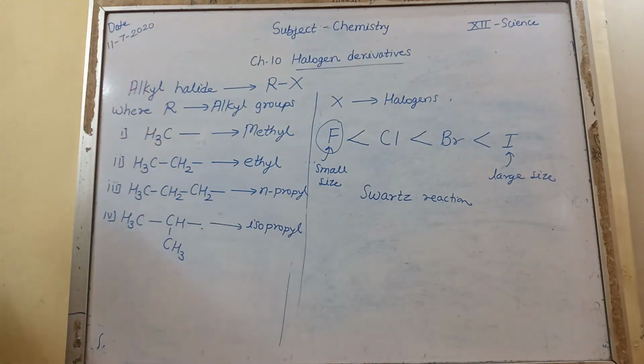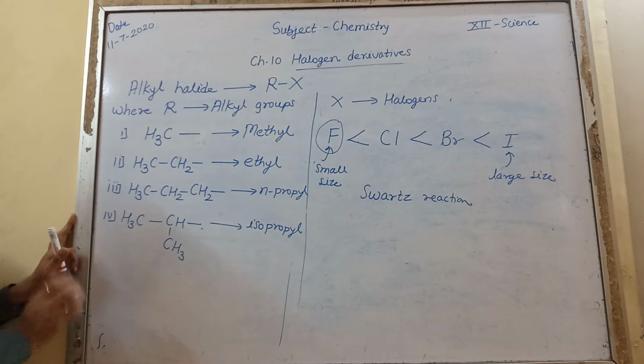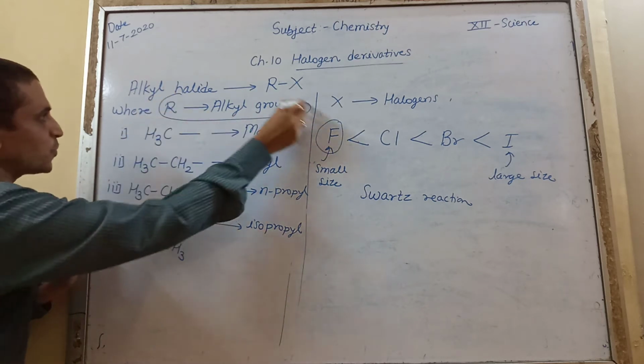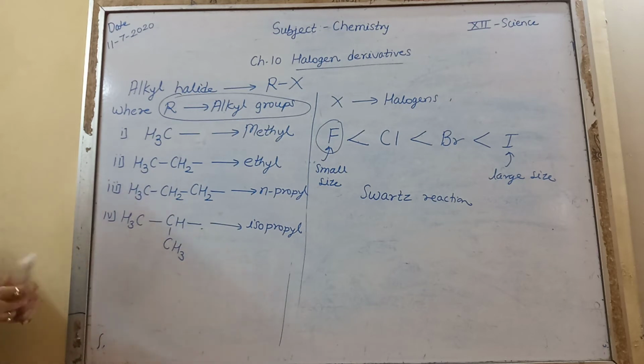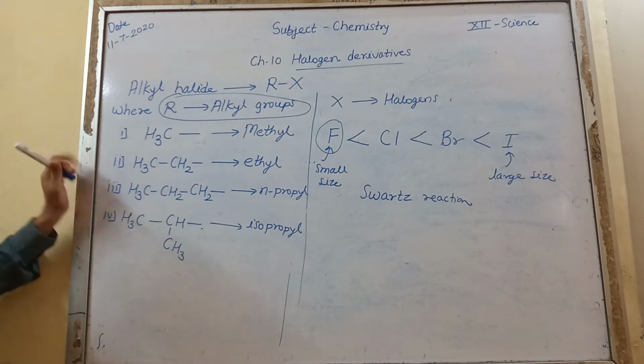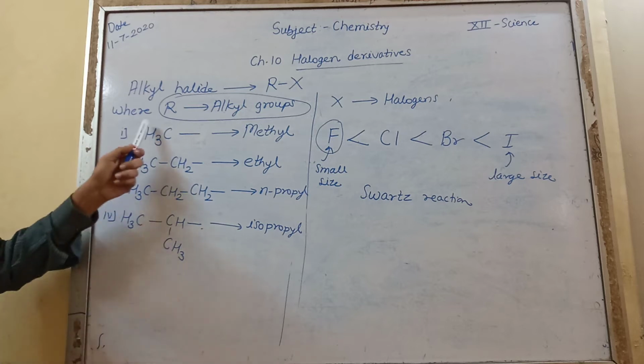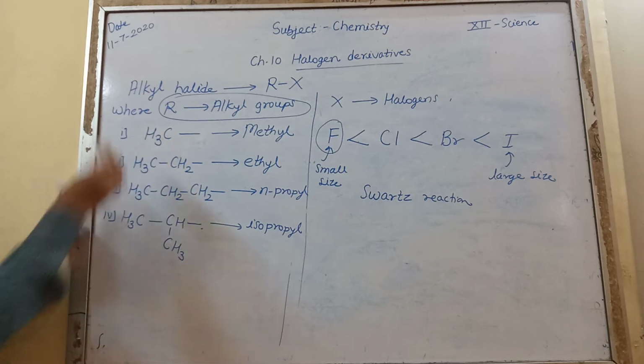I hope you understood these two important points. This is the main point. You must know the alkyl groups because in order to write down reactions, you need all these formulas. There are many formulas of alkyl group, but I have mentioned only 4.